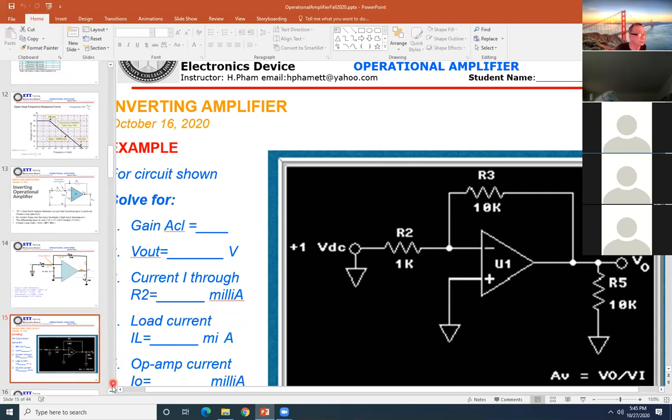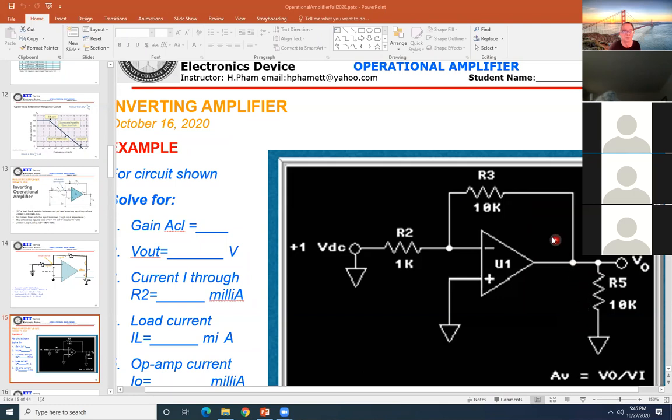So if the resistance is lowered, I get more gain. Resistance on the load will be increased. If I reduce the resistance on the load, I get more gain.